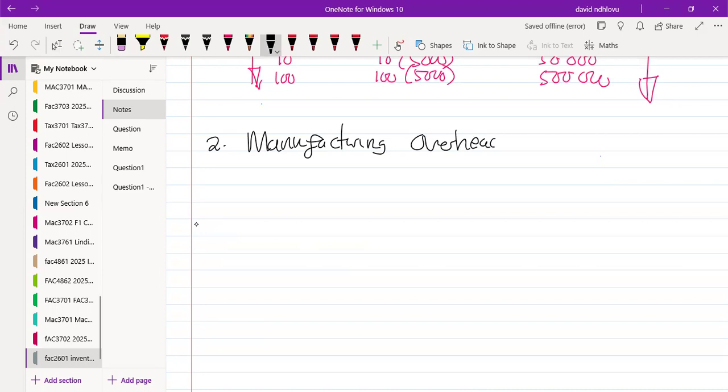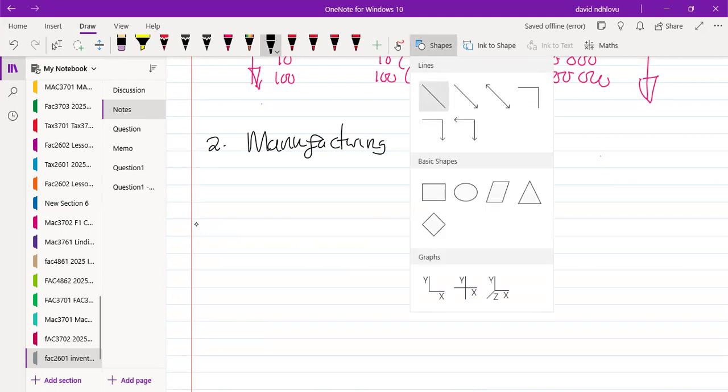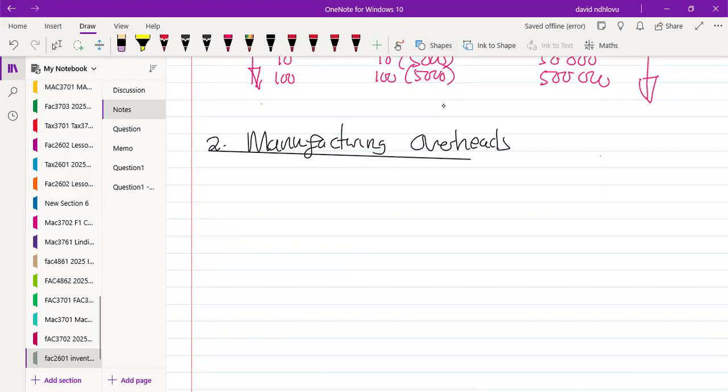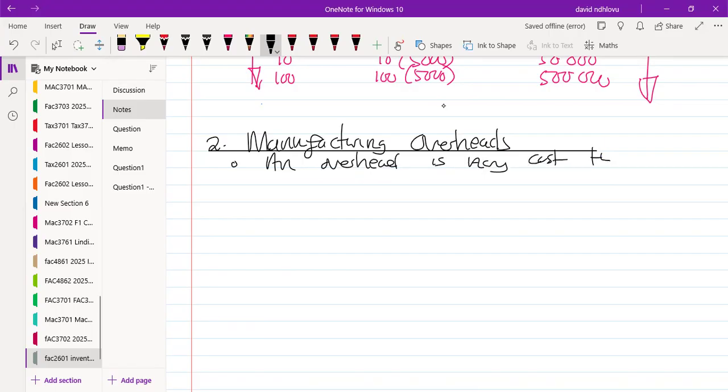Right, you have manufacturing overhead costs. An overhead cost is any cost that is not direct.